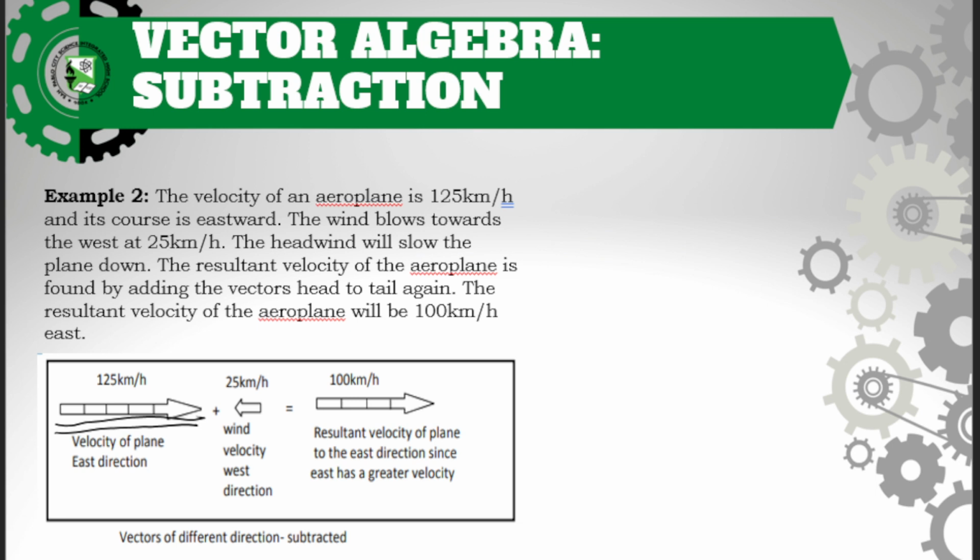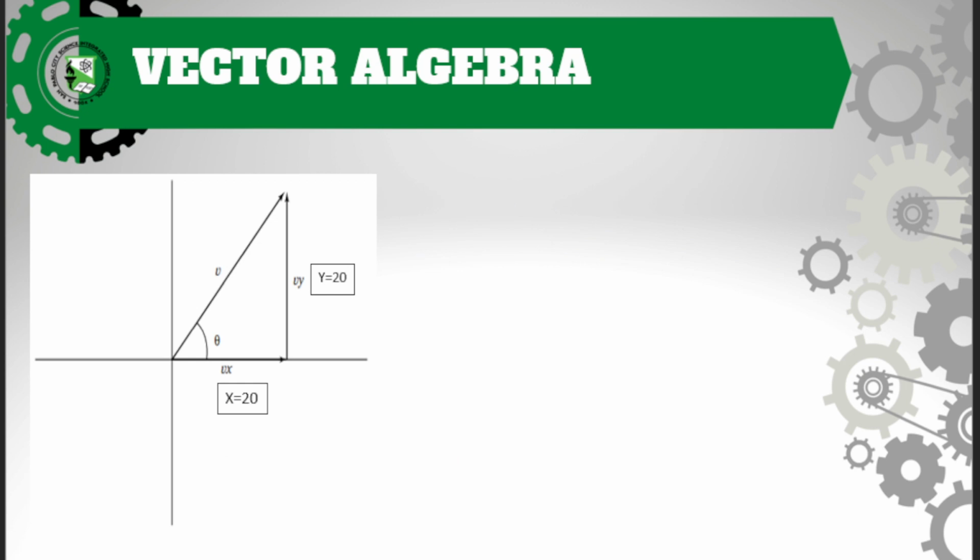So, that's why hindi matutulak ni wind si airplane pabalik or backward. So, ang tendency, mariresist ni airplane yung wind. That's why it is still going eastward. Okay?